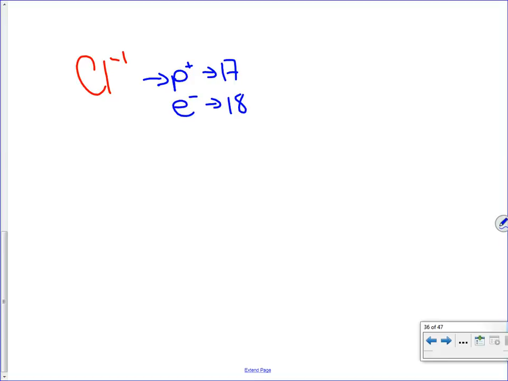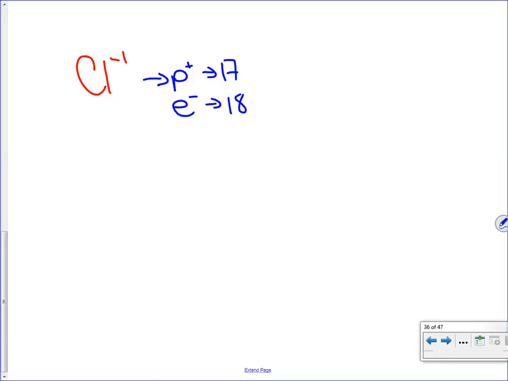So we need to draw, and it depends on what they say, either an orbital notation or electron configuration of chlorine. Which one do you guys want to do? So let's do the electron configuration.